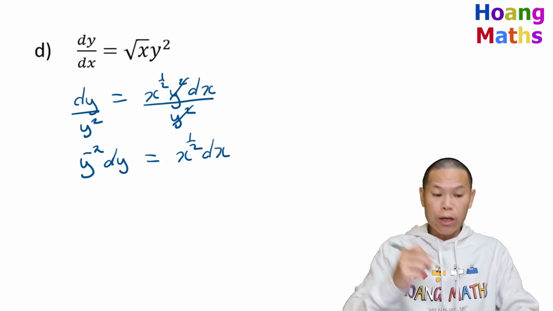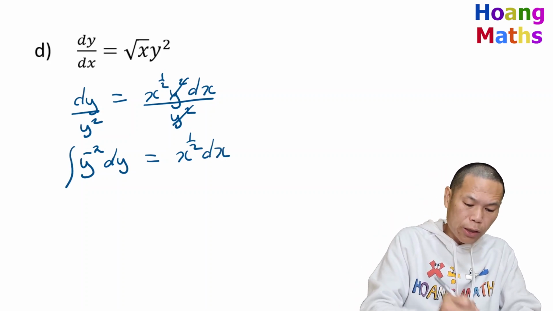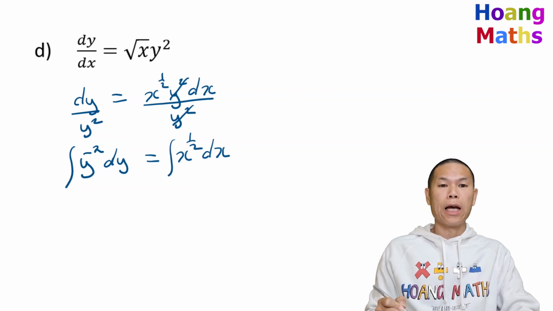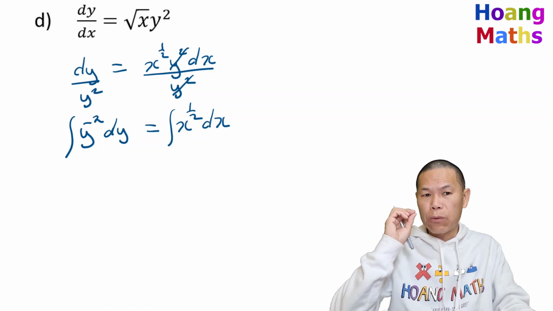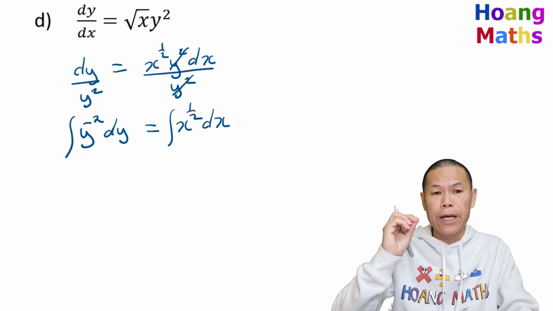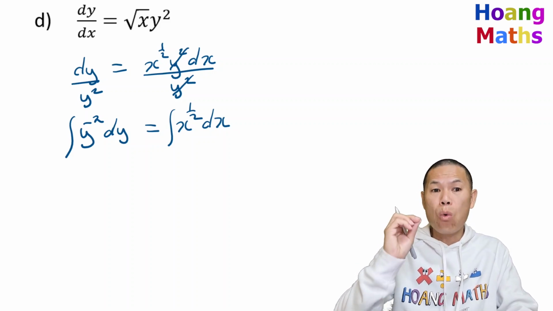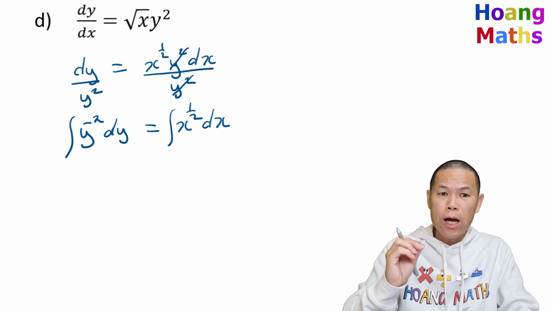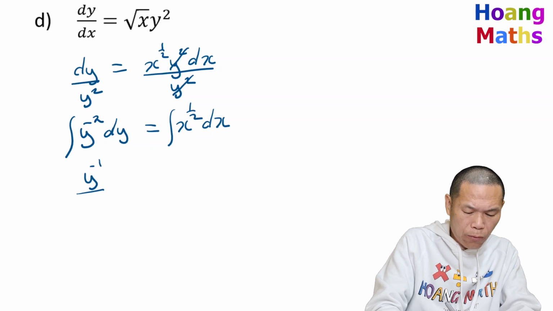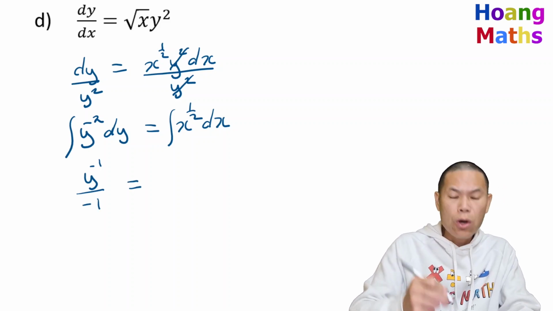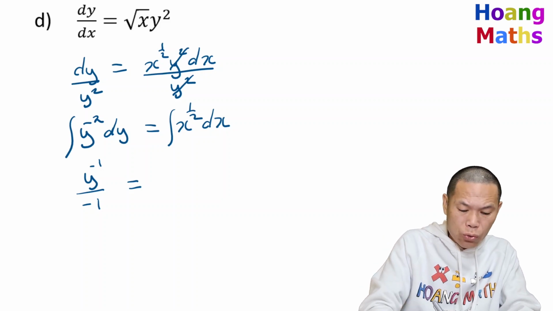So now I integrate both sides. To integrate y to the power of negative 2, we add 1 to negative 2, which becomes negative 1. So the answer is y to the power of negative 1 over negative 1. On this side, we just go 1 plus a half, which gives me 3 over 2.